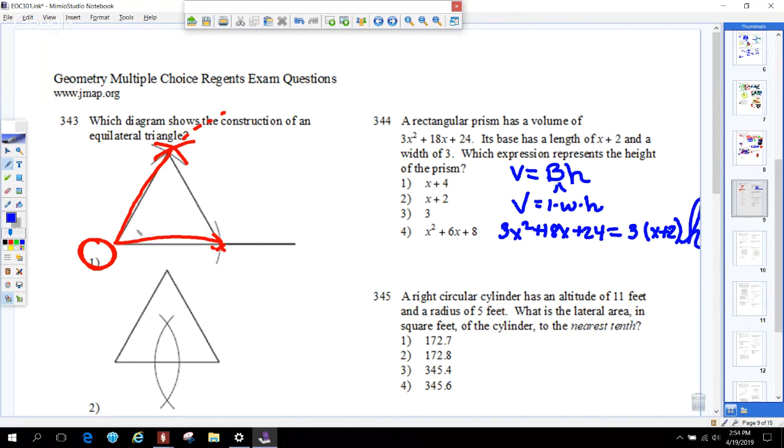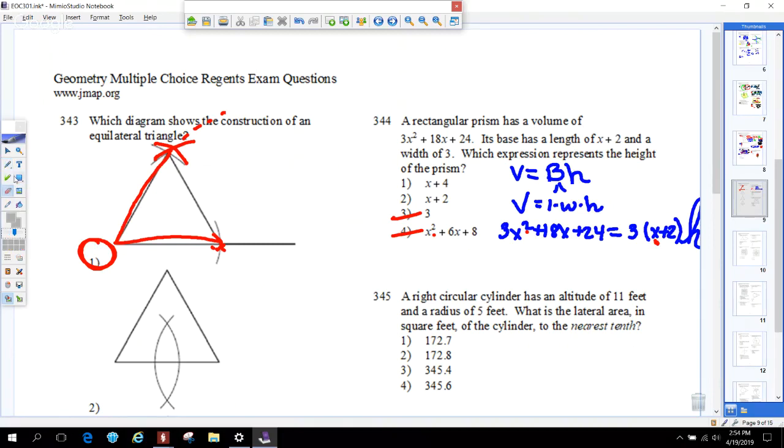So basically, this is how I would do it, and really this is kind of algebra-y, but there's a couple ways to do it. One, you know it's not going to be choice 4, because there's already an x on this side. So it can't be that, because x times x squared would end up giving you x cubed. It can't be choice 3, because if I multiplied 3 times x plus 2, there's no x to help increase the power to 2, so it can't be choice 3.